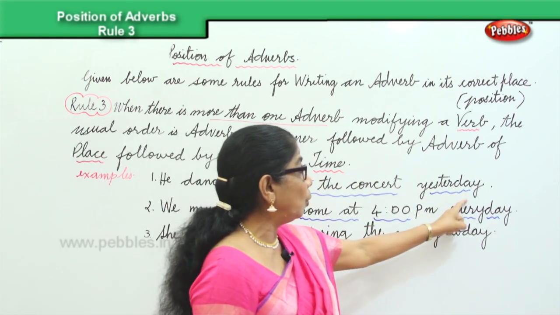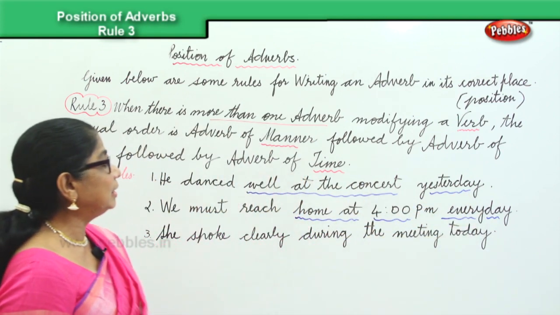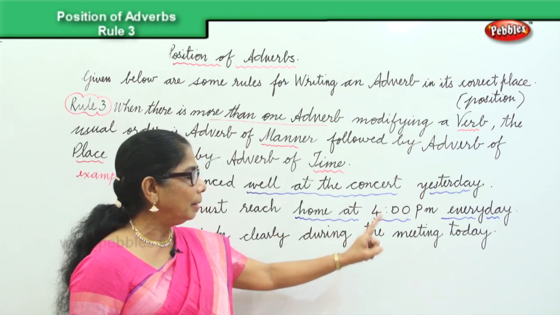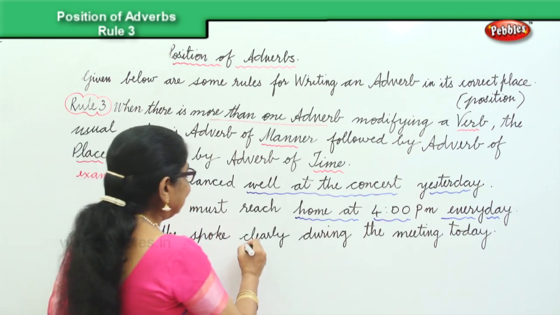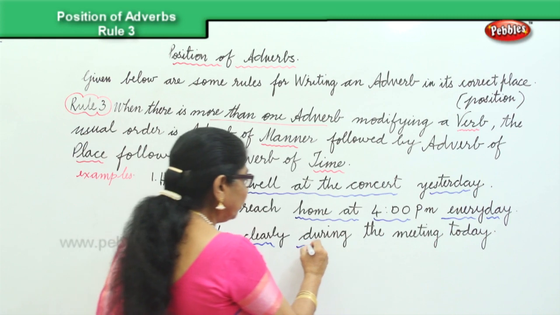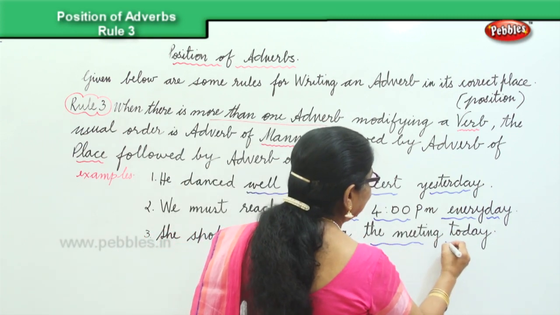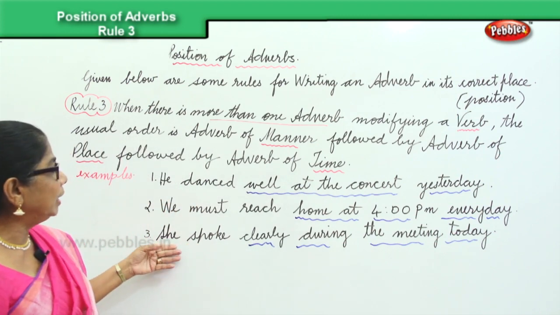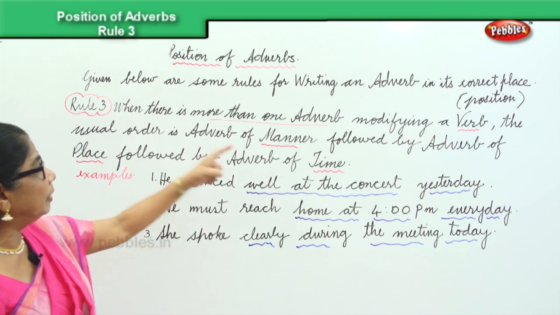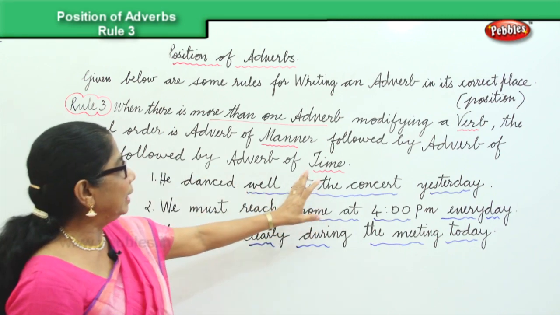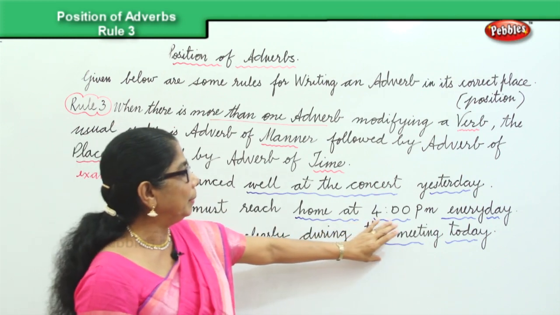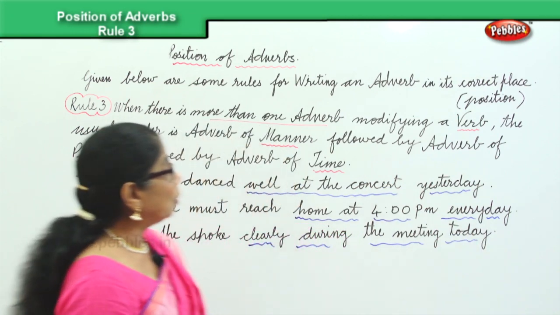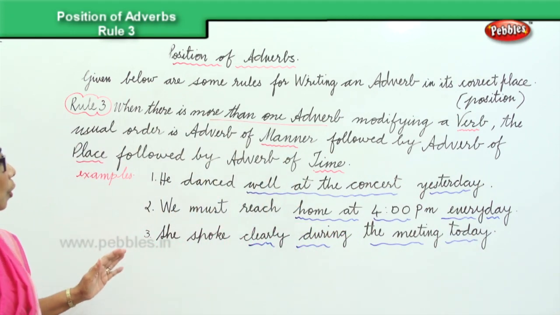Then, she spoke clearly during the meeting today. How did she speak? She spoke clearly, adverb of manner. Then place, during the meeting, and time, today. So we got all the three in order, one follows the other.